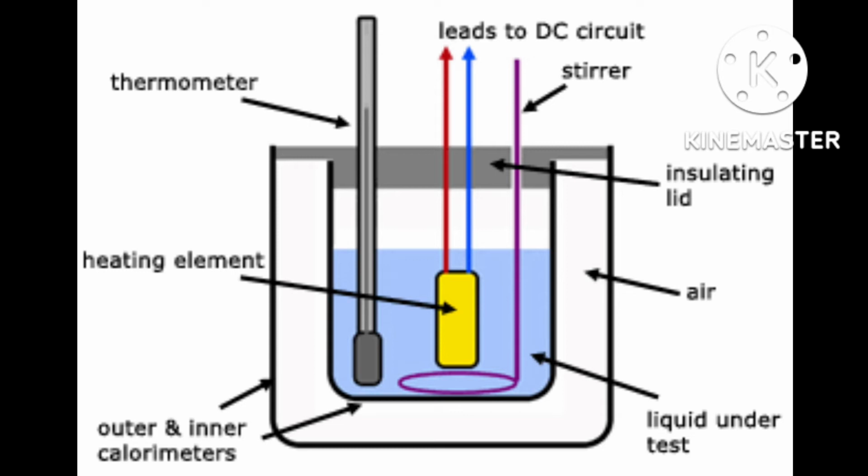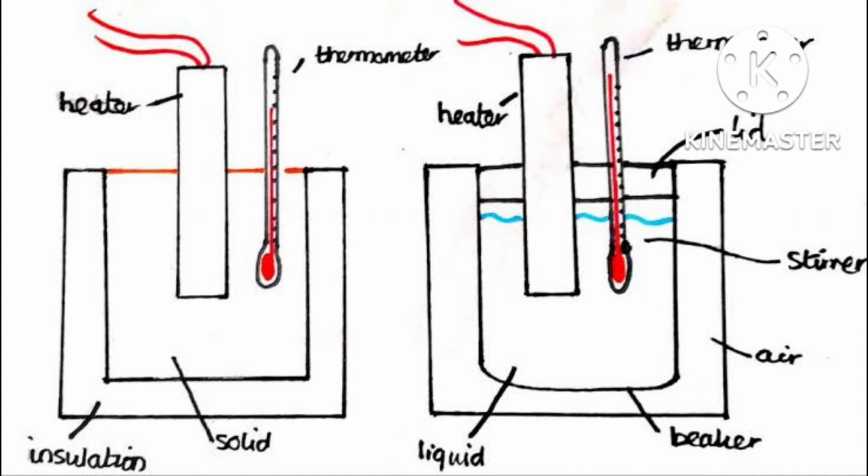That is also an exothermic reaction. In any reaction from which heat is going outside, it is called an exothermic reaction. At constant pressure, both exothermic and endothermic are possible.